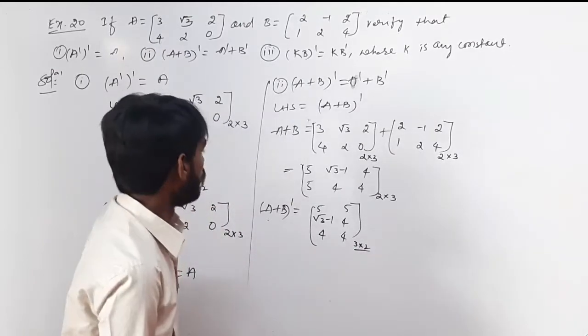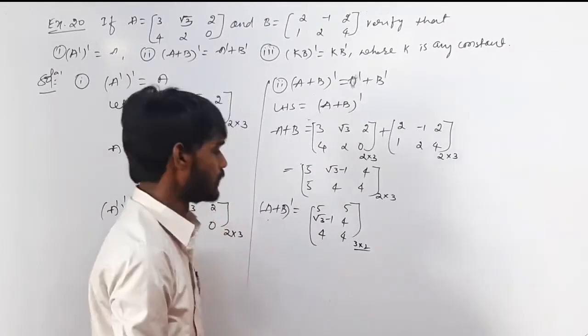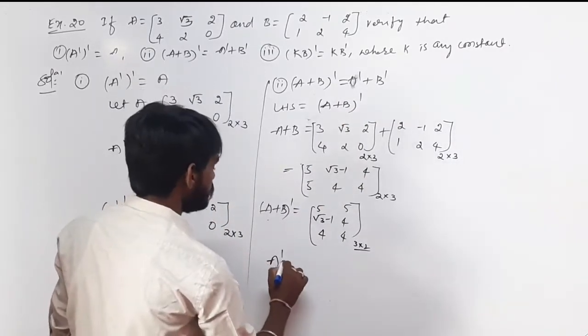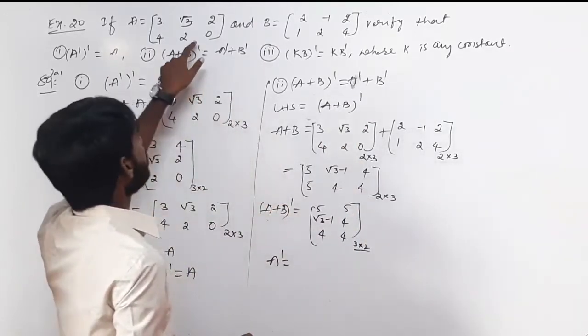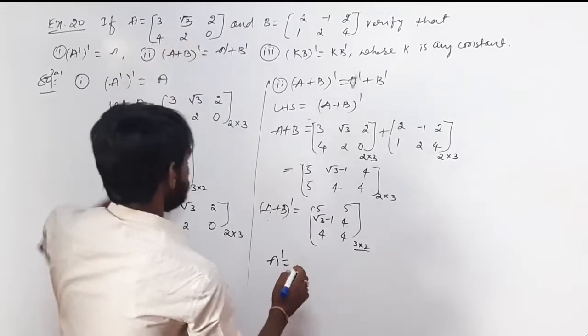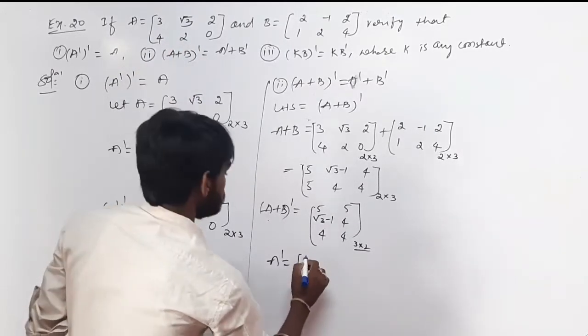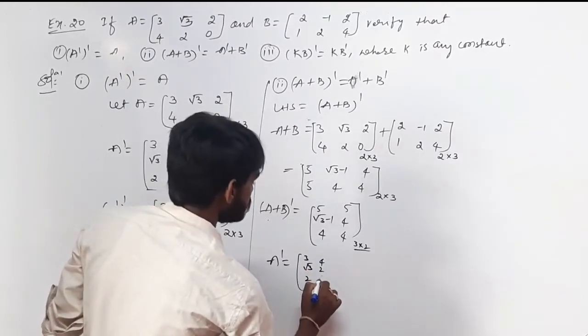Okay. Now we can take the RHS, that is A dash plus B dash. So A dash is the transpose of the A matrix, that is 3, root 3, 2, 4, 2, 0.